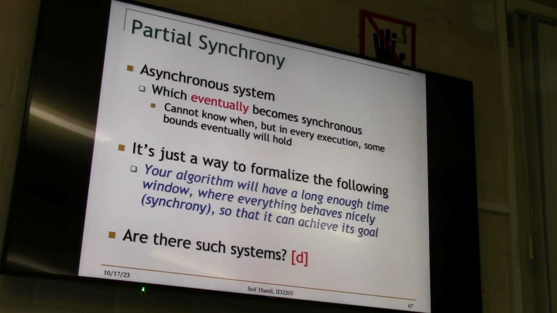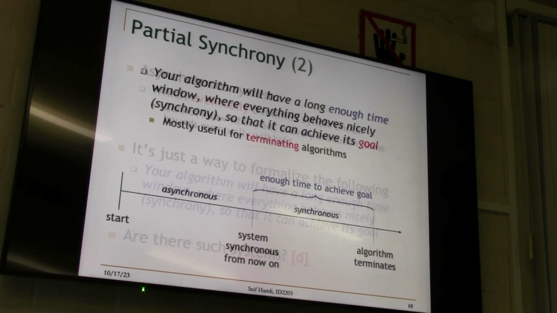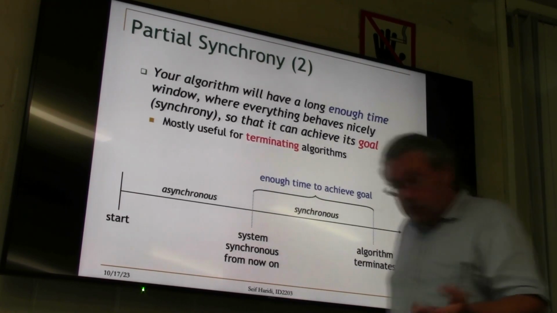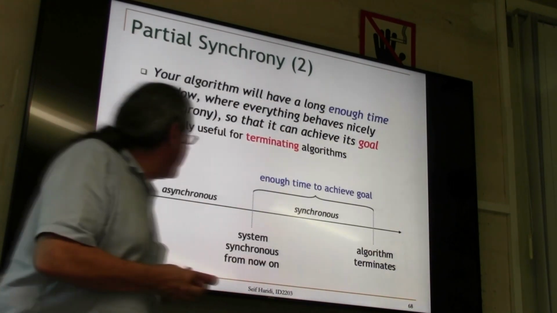You don't know exactly when it will happen, but you know it will happen. Okay, at that point we will have a bound. So the internet is such a system. This was a major kind of discovery, okay, because without this property we would not be able to run practical distributed systems.